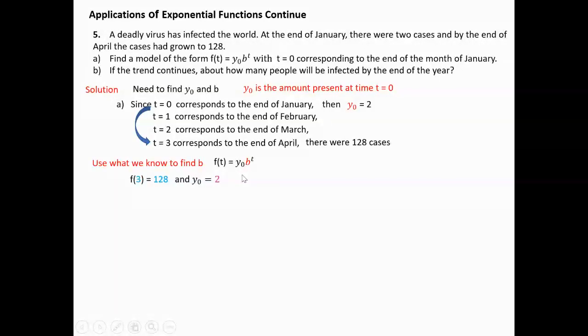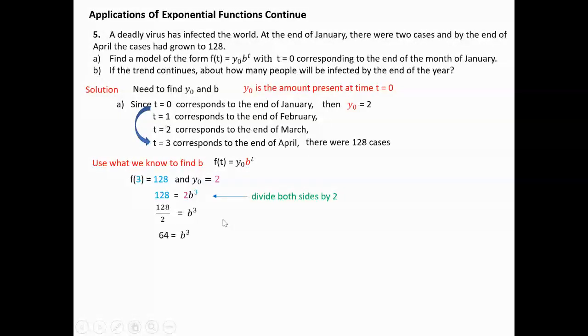So I'm going to use this and what we know, which was the initial value 2, and plug into the formula, guys, to solve for b. My y equals y naught b to the t power. Here my t is 3 and my y is 128. And my initial value was 2. So all we do here, guys, is divide both sides by 2.